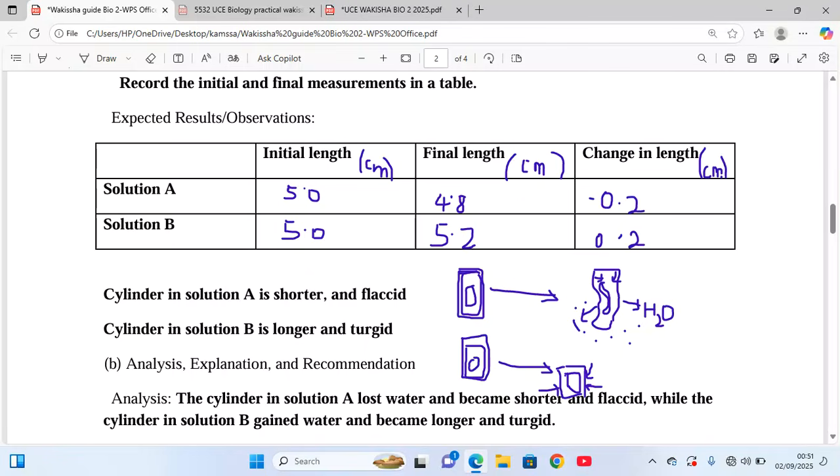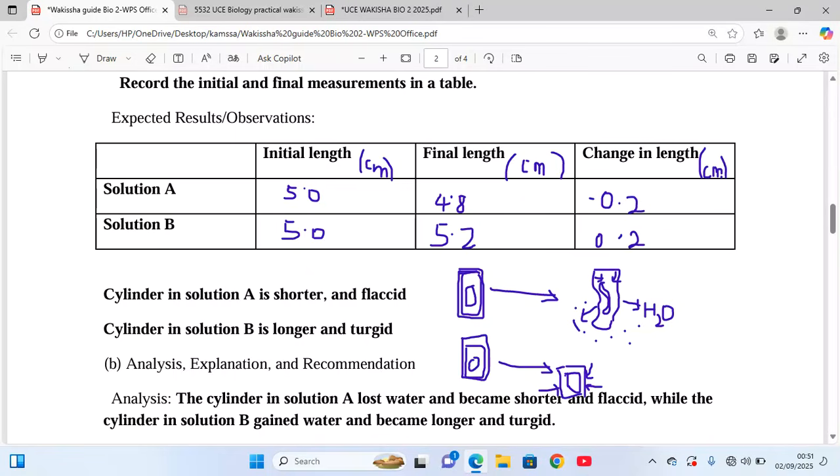When you say final length minus initial length, you remain with this negative here. That's why we are saying cylinder in solution A is shorter and flaccid. Cylinder in solution B is long and turgid. Why? For it absorbs water and becomes long and even hard.